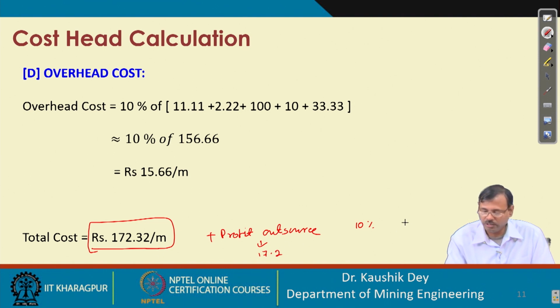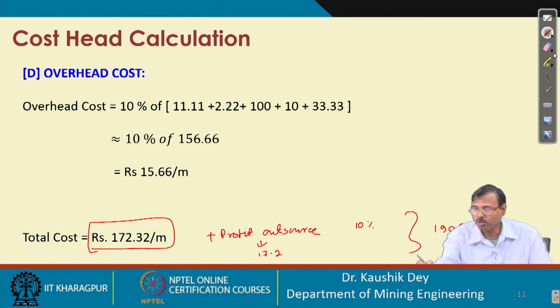So, altogether then it will come around 190 rupees. Okay. So, this is the assumption we consider, and more or less by this way we can solve this problem. This is the first problem we have solved in this class.